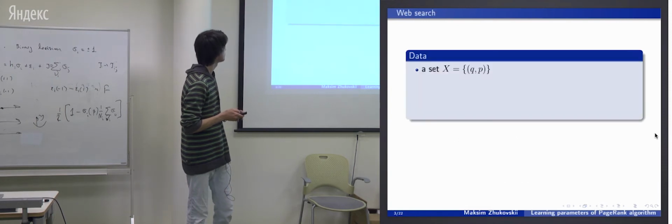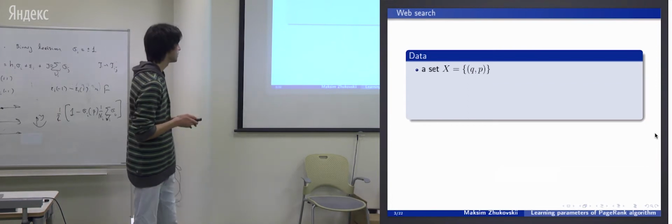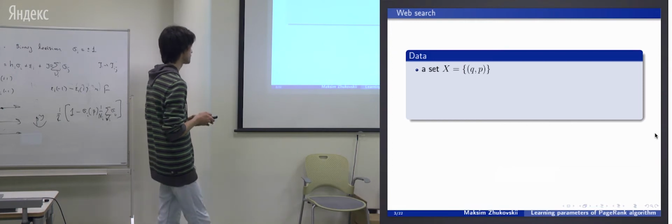Okay, so first of all, we have a set X of query and page pairs. So Q is for a query and P is for a page.